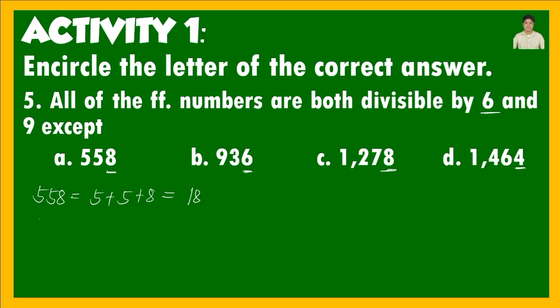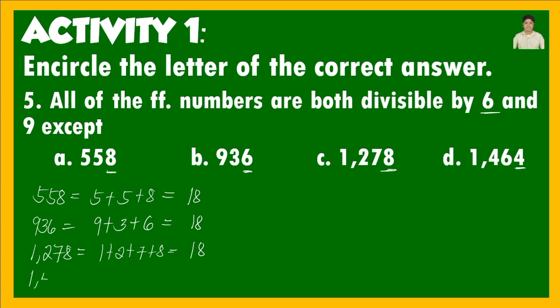Next, 936. 9 plus 3 plus 6. We have 18 also. Next, letter C. 1,278 will have 1 plus 2 plus 7 plus 8. And that is 18 also. So as you can see, mga nakukuha nating sum, puro po 18. What about letter D?